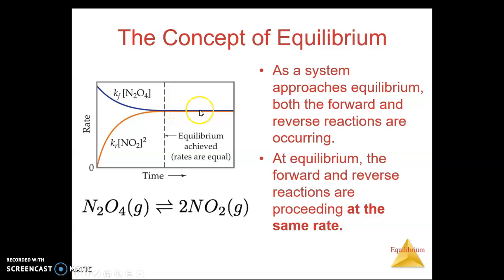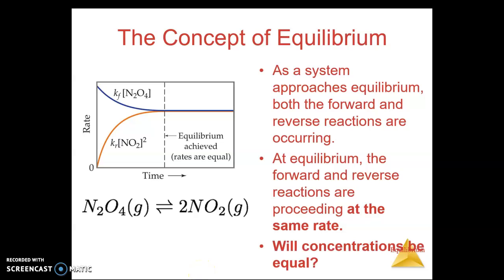Once equilibrium is achieved, the rate of forward and reverse reaction is equal. The forward and reverse reactions proceed at the same rate, so it looks like nothing is happening. You can't tell a difference in the concentration or partial pressures of the two from moment to moment. It stays the same, but the reactions are still occurring.